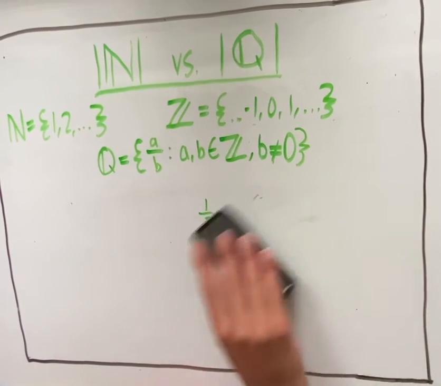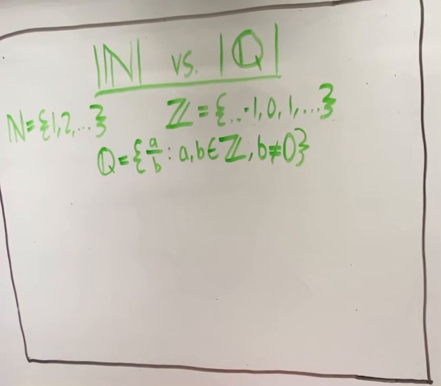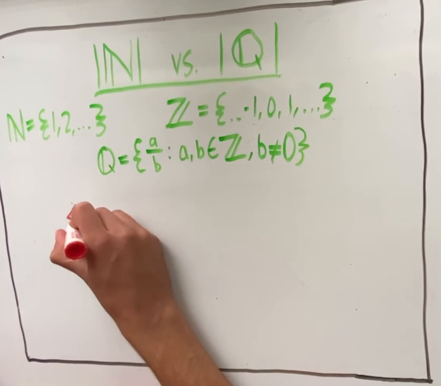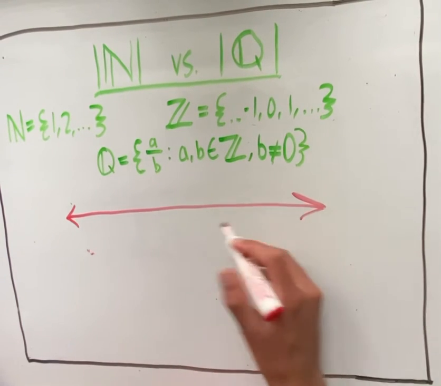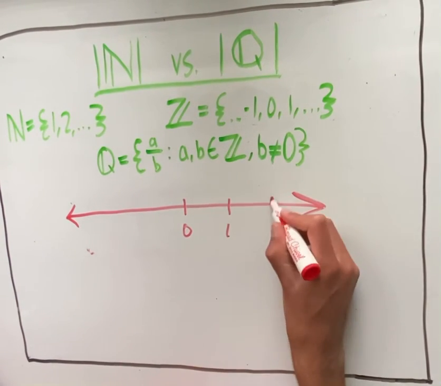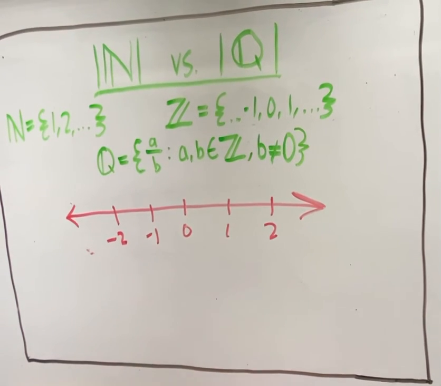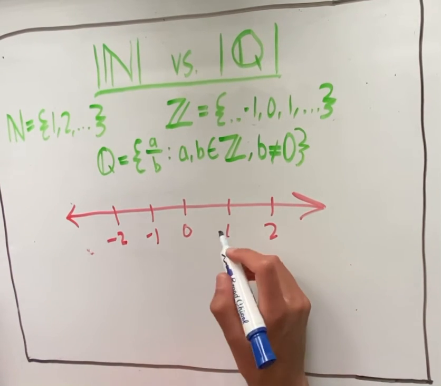But yeah, that's all. So quickly, let's look at a number line to get some intuition about the two sets that we're comparing. So we can say 0 is over here, 1, 2, minus 1, minus 2. And let's first underline the natural numbers in this line.